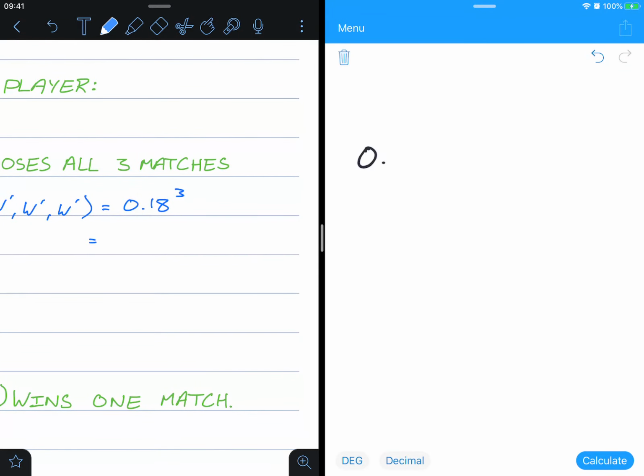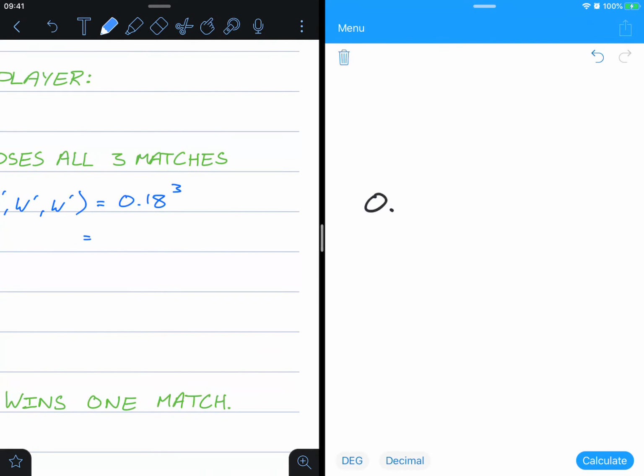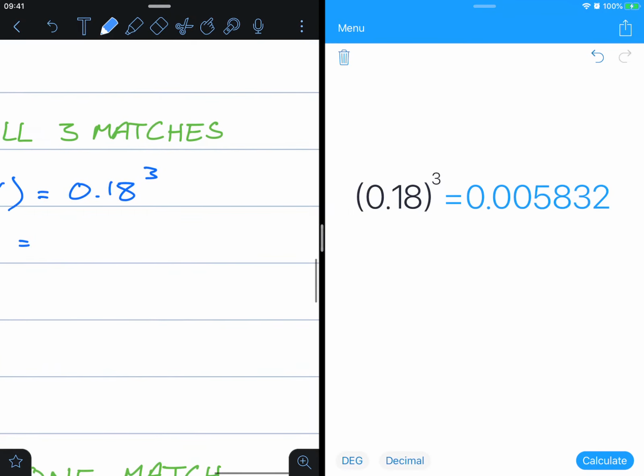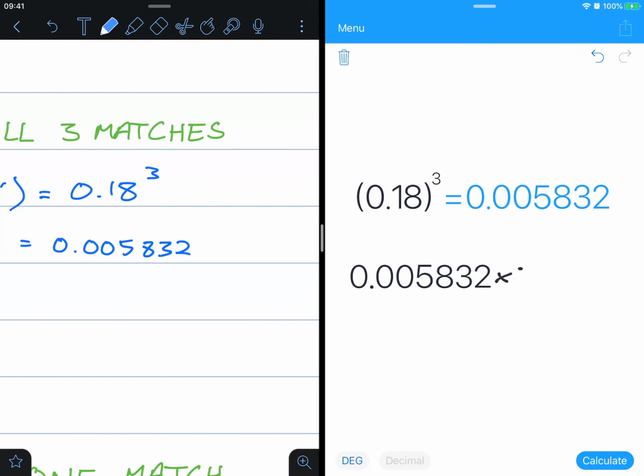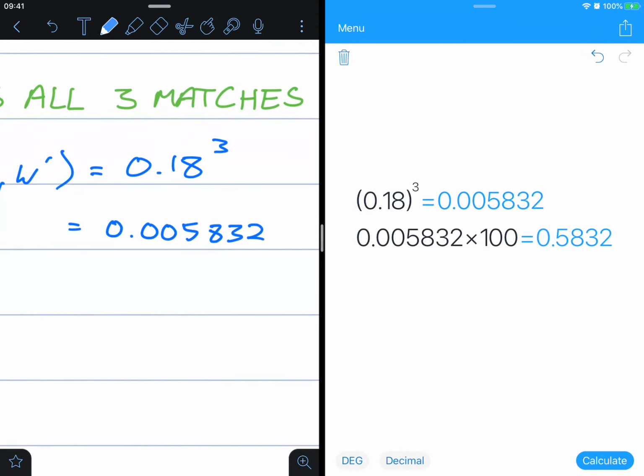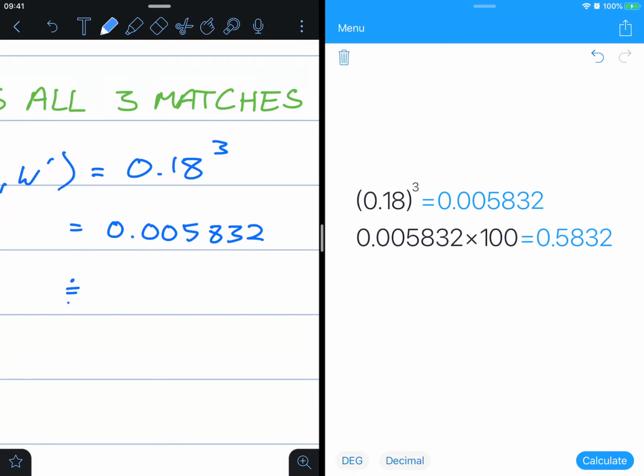Straight into our calculator. 0.18 to the power of 3. Try it again. So that's going to be 0.005832. To get this as a percentage from a decimal, we just multiply by 100. That's less than 0.5%, so that's 0.583%.